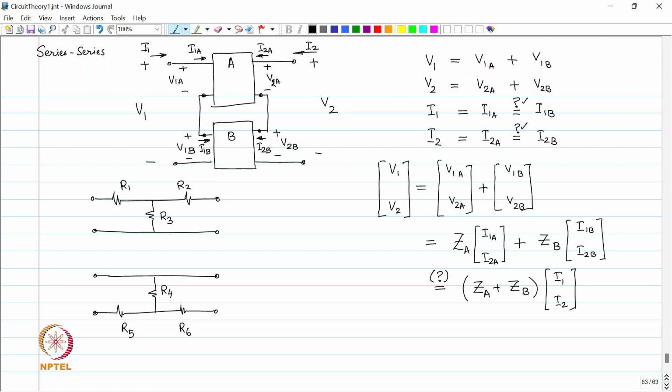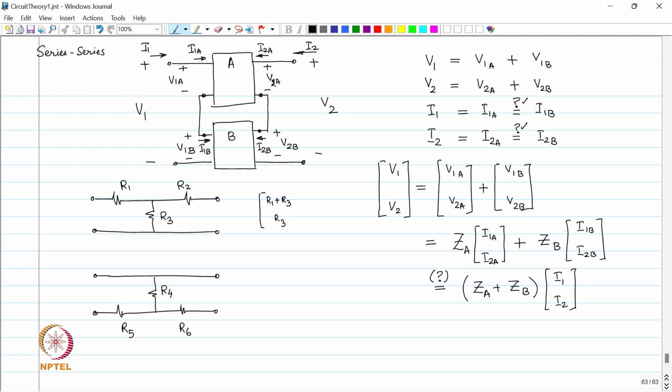You have to open circuit each of the ports one by one, push 1 ampere and measure the voltages. So, open circuit port 2, push 1 ampere into port 1, what do you get? R1 plus R3 is V1 and V2 is R3.